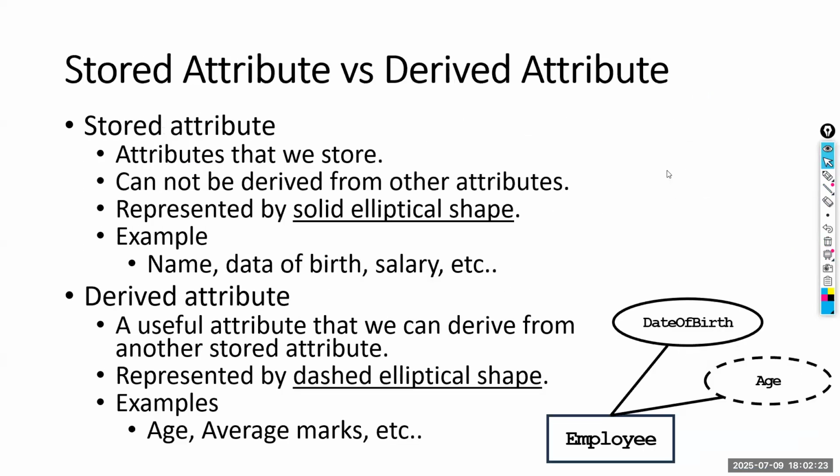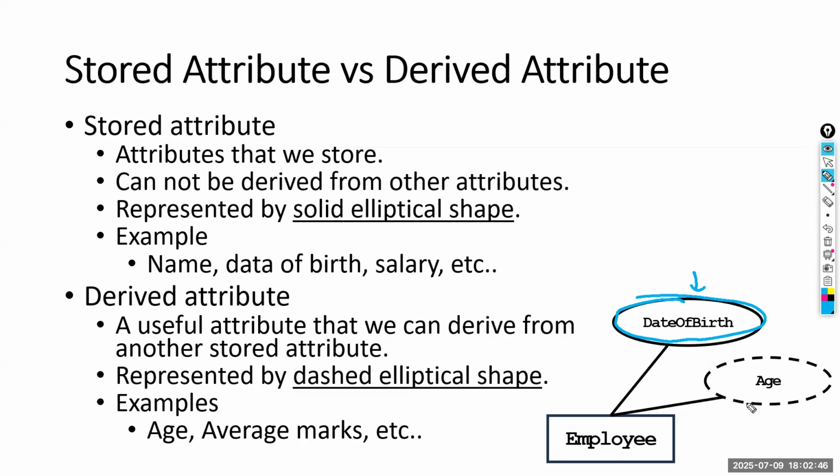So then stored versus derived attributes. If the attribute we are going to save, it's a normal attribute or stored attribute, like date of birth, gender, contact number. But there are attributes we can derive from the stored attribute. So therefore, you don't need to save it, and sometimes saving is going to be an issue.